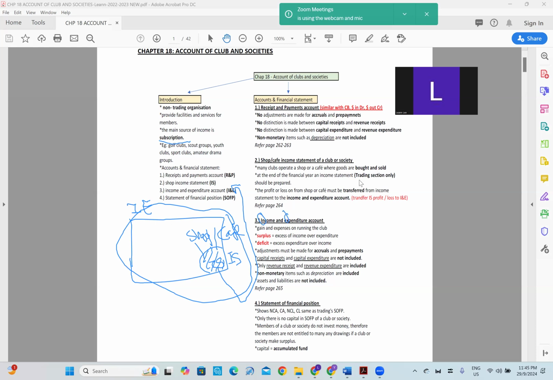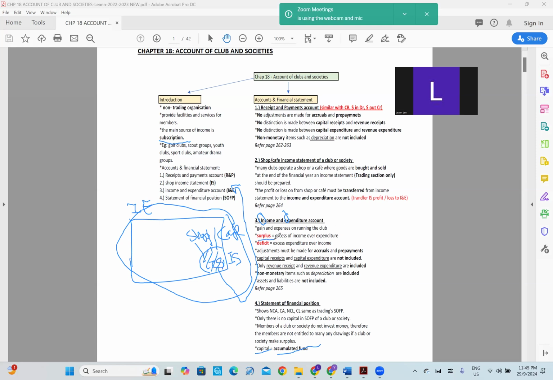One more thing to take into account: when you prepare the SOFP, it will be exactly like a trading business SOFP. Only one thing to note is that capital changes to the name accumulated fund. Also, under the I&E for the whole club, if there is a profit for the year, we cannot say profit for the year.